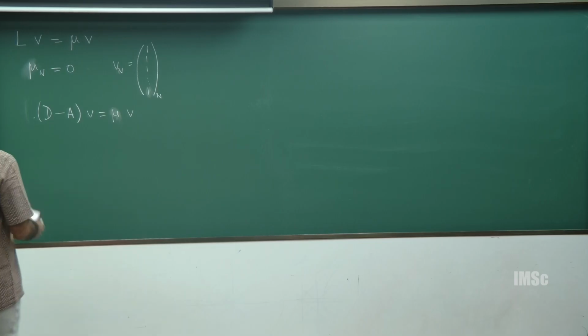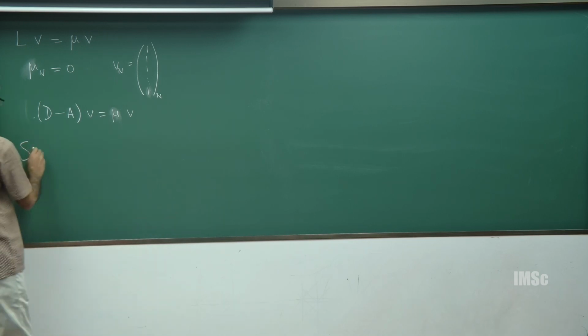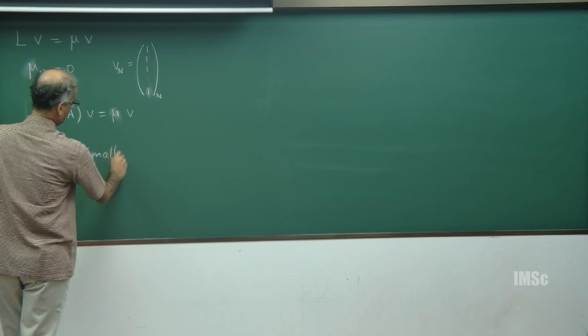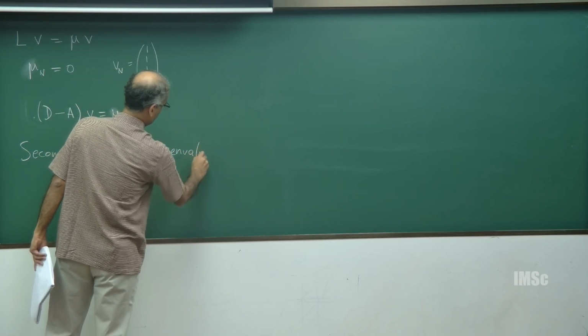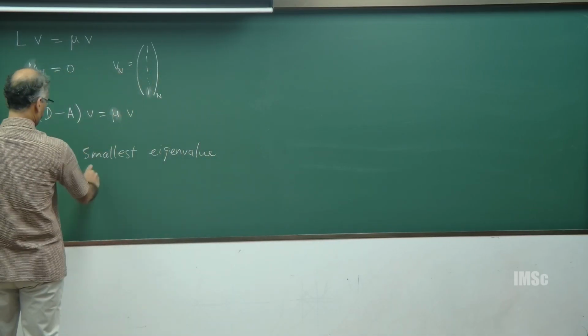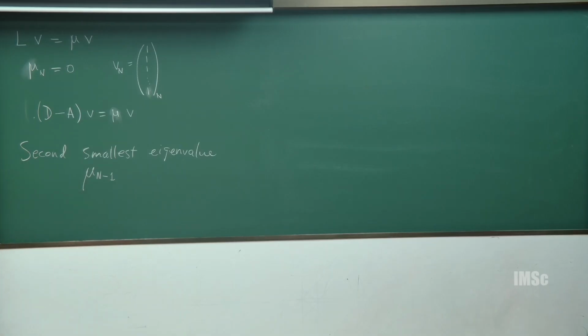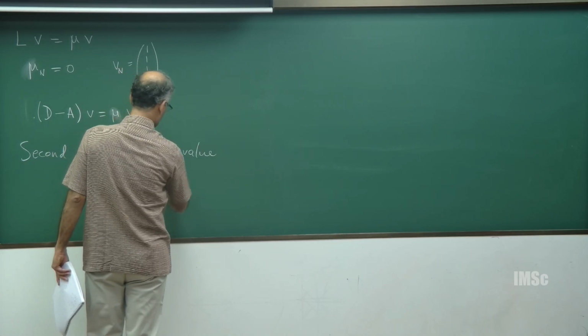The second smallest eigenvalue, which in this notation will be mu n minus 1, will tell you about the connectivity of the graph.